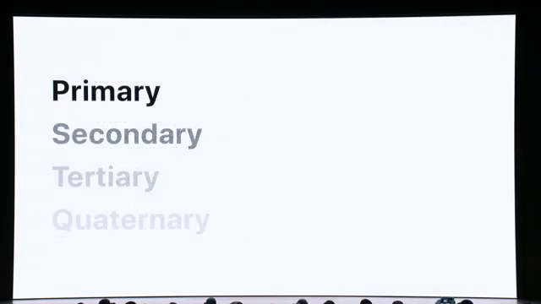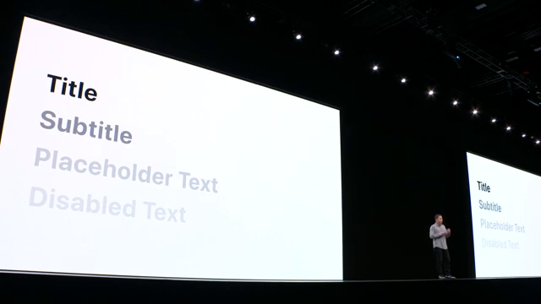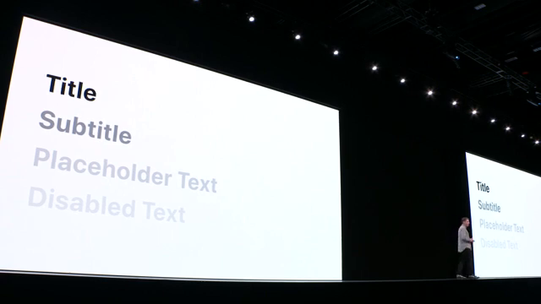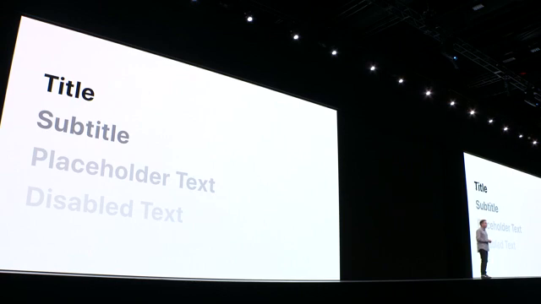Many of these colors have primary, secondary, tertiary, and quaternary values. These variants are used to express information hierarchy. Label color has the most contrast with the background, so it's going to advance into the foreground and grab your attention, and should be used for primary elements like titles, secondary for subtitles, tertiary for placeholder text, quaternary for disabled text.